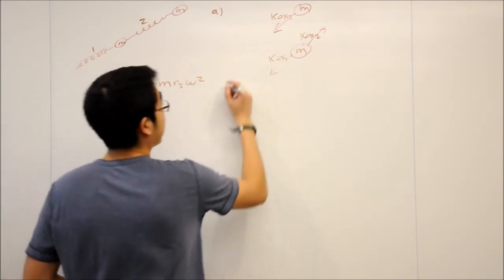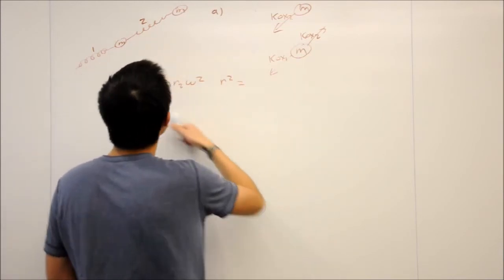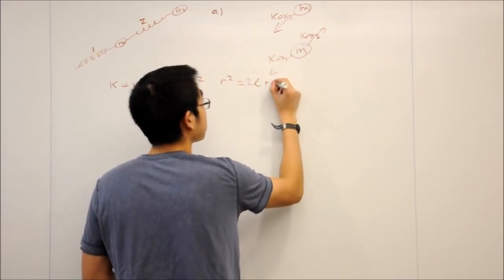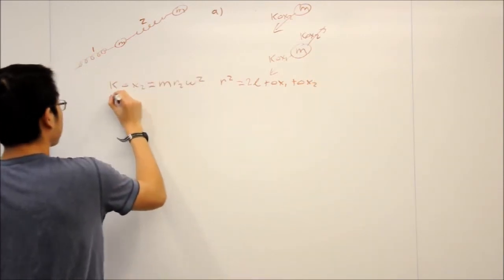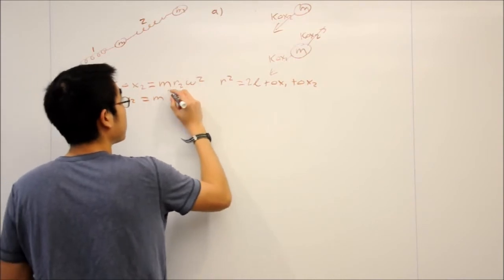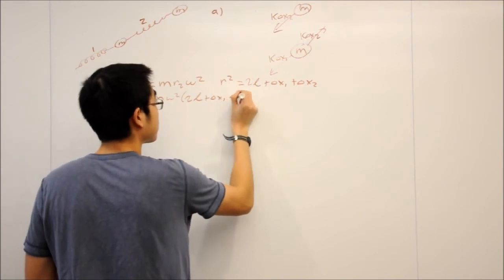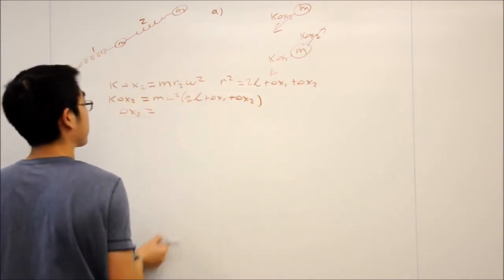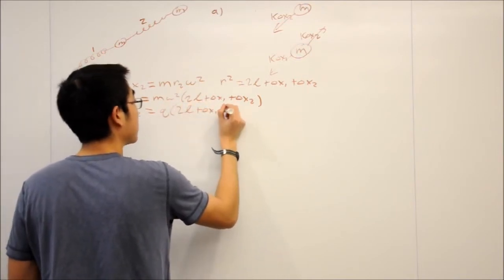Now, we know that r2 is just the two lengths of the springs, which is 2L, plus delta x1 plus delta x2. So k delta x2 is just m omega squared times 2L plus delta x1 plus delta x2. So delta x2 is just m omega squared over k, which is q, times 2L plus delta x1 plus delta x2.